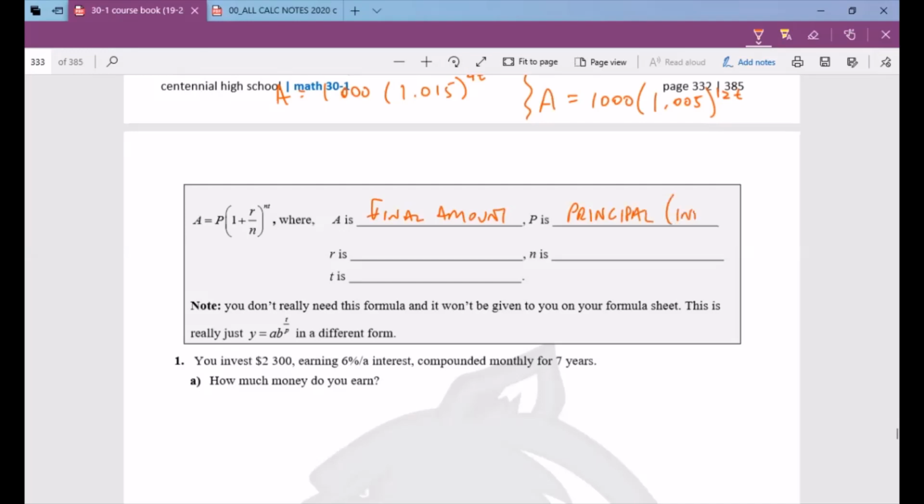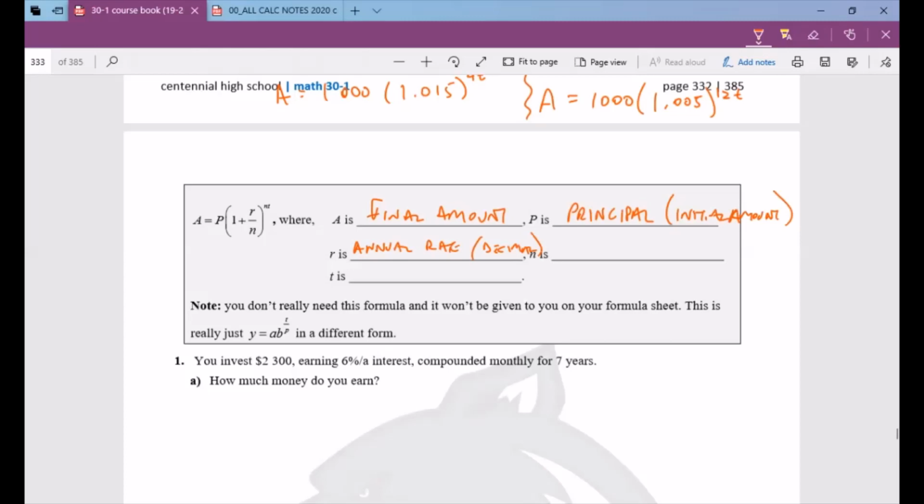Principal is what we use in finance circles to talk about your initial amount. R is your annual interest rate as a decimal. Don't forget to convert your percent to a decimal.